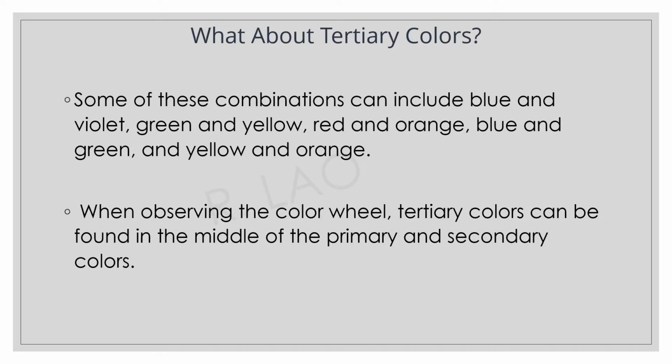Some of these combinations include blue and violet, green and yellow, red and orange, blue and green, and yellow and orange. When observing the color wheel, tertiary colors can be found in the middle of the primary and secondary colors.